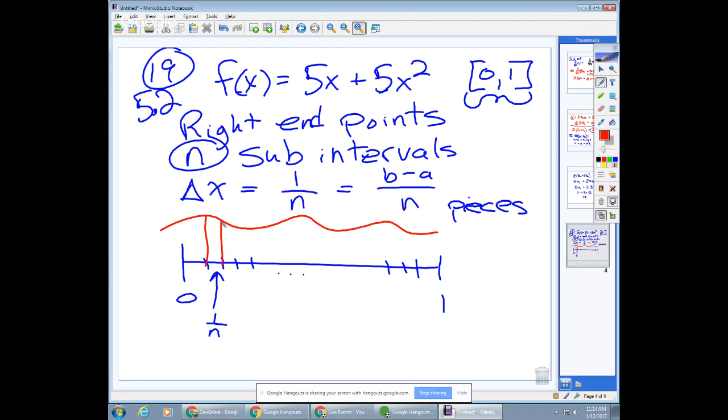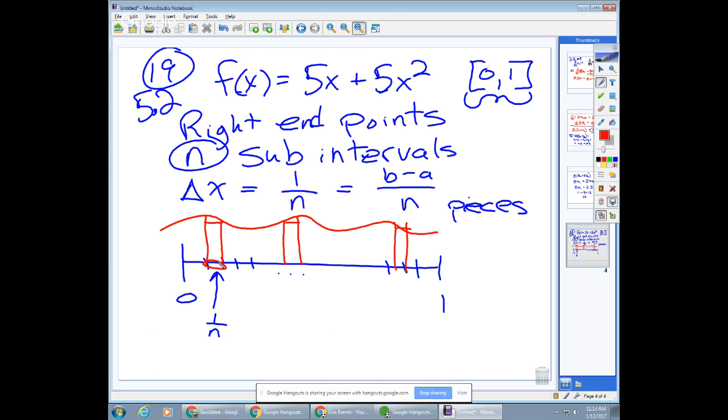So then we have to say, okay, we could do right-hand endpoints, in which case my rectangle would be that high. If I did a left-hand endpoint, right, that would be left-hand endpoints. Sometimes we choose to do something like the midpoint of the interval.